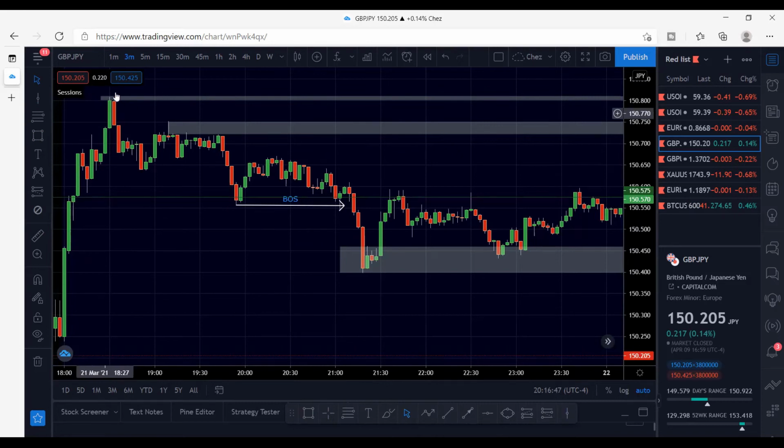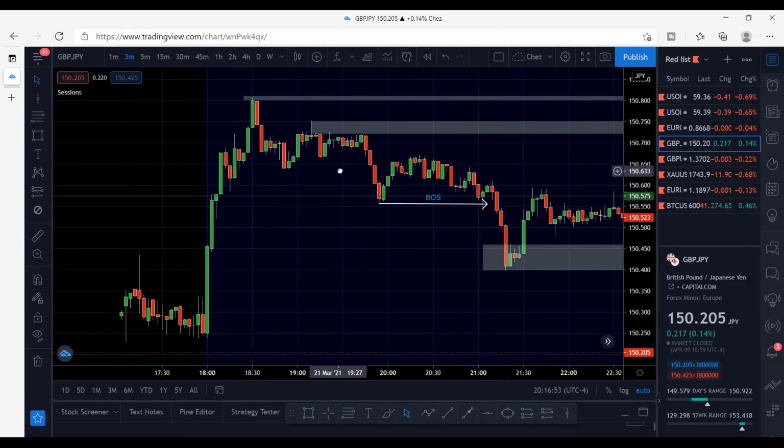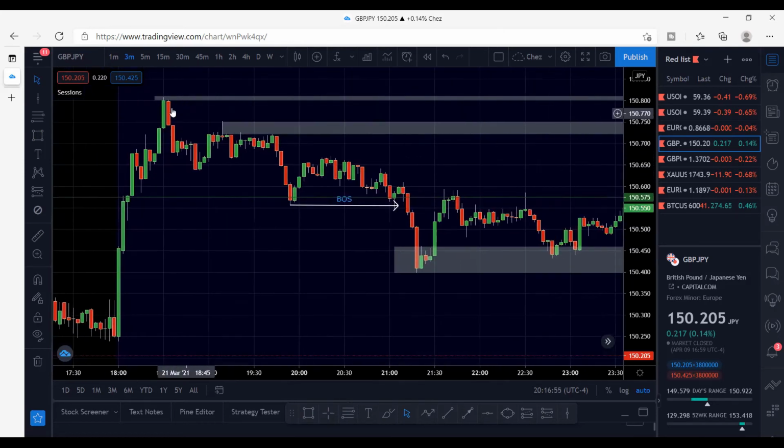This right here is what I think is the Asian session high. So price might want to kind of just pull back, or it could break it. I don't know. So all this is what you kind of have to keep in mind when trading. But this is the Asian session high.